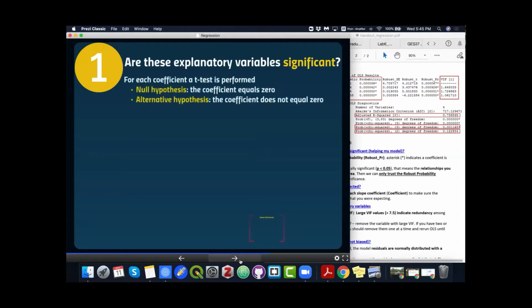For the hypothesis testing, the null hypothesis is that the coefficient for the variable equals 0, which means there's no relationship. The alternative hypothesis is that the coefficient does not equal 0, which means the variables are significant, they do matter.